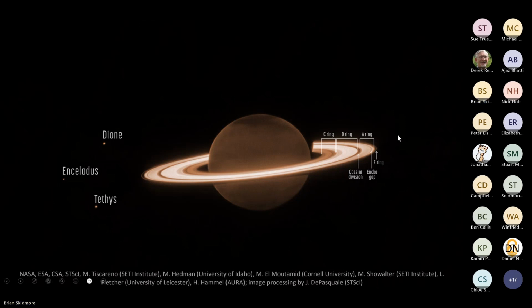Over the centuries they've been catalogued as they've been discovered, with the Cassini division and the gap, which are gaps in the rings caused by shepherd moons that you can't see in this image, but exist in the Saturnian system. But this is a very well-studied system. The Cassini mission, which I talked about in 2020, has extensively explored the system already, and indeed passed through the Cassini gap. But it's a beautiful image, I think you'll agree.